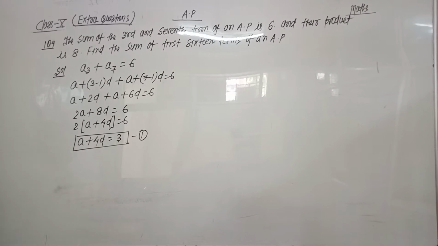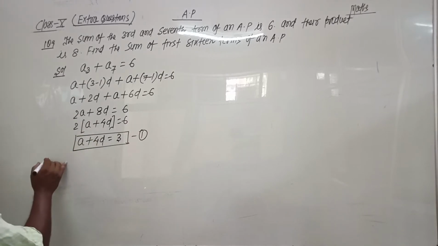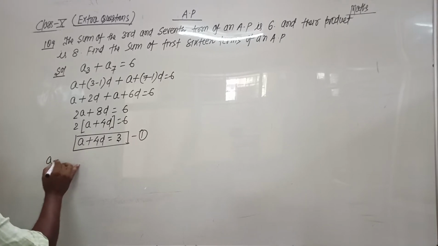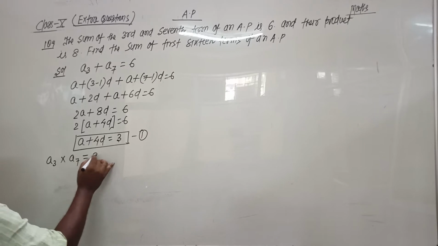Also we are given that their product is 8, meaning a3 into a7 is 8.